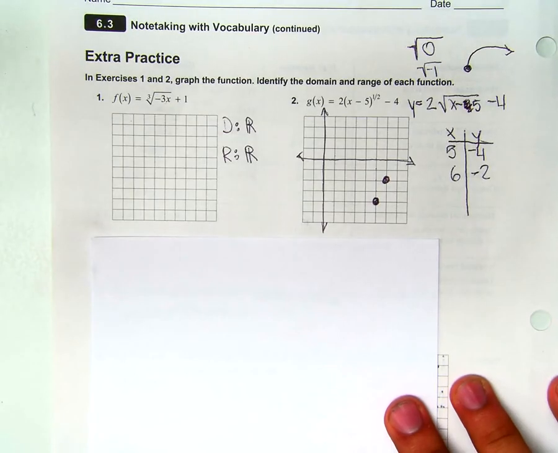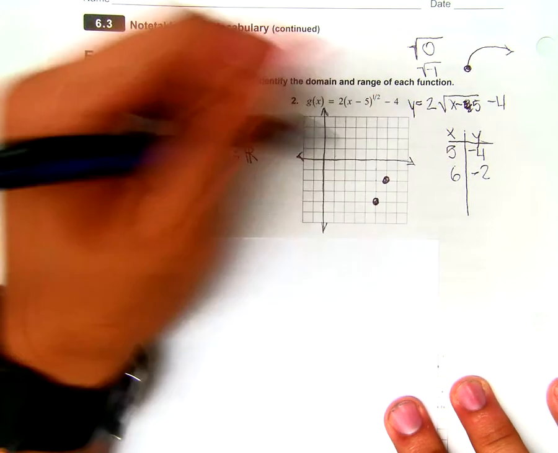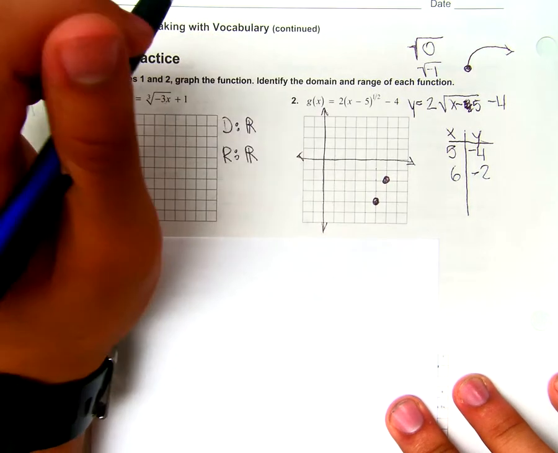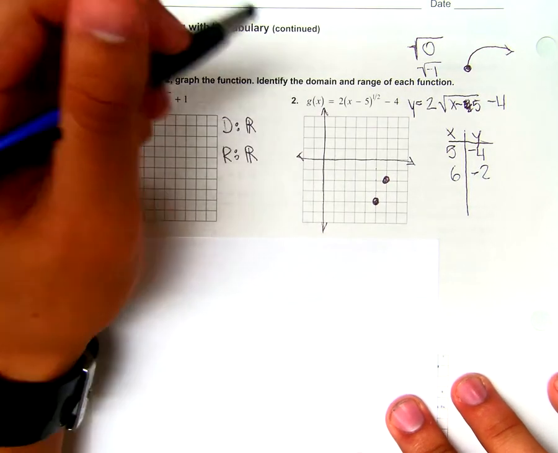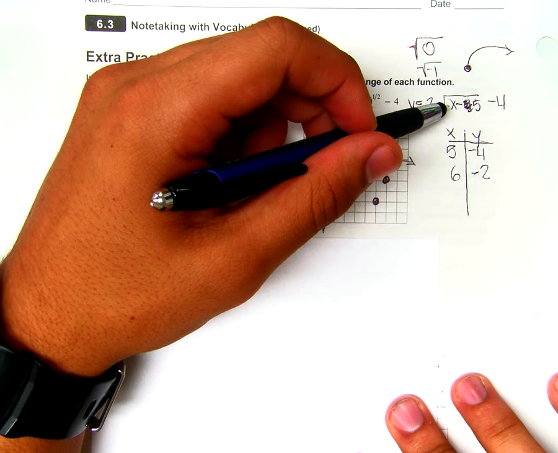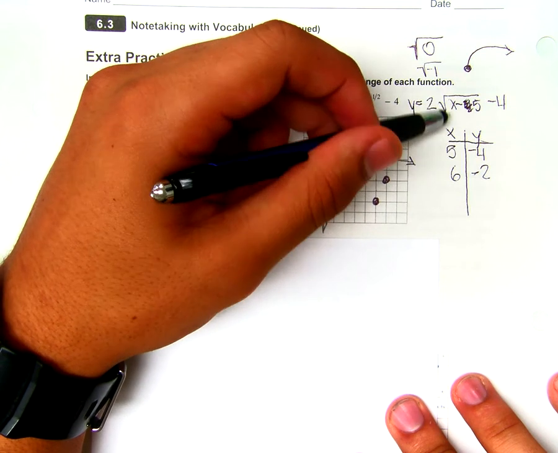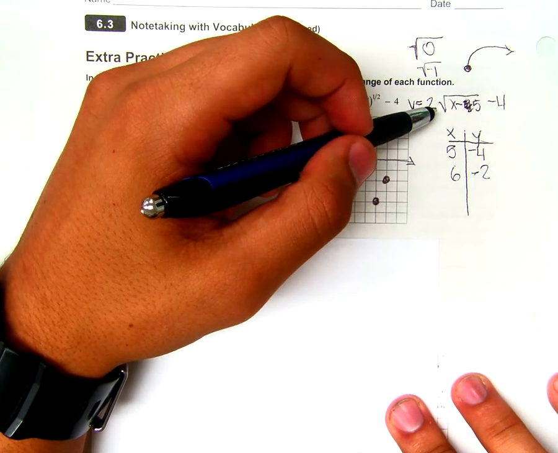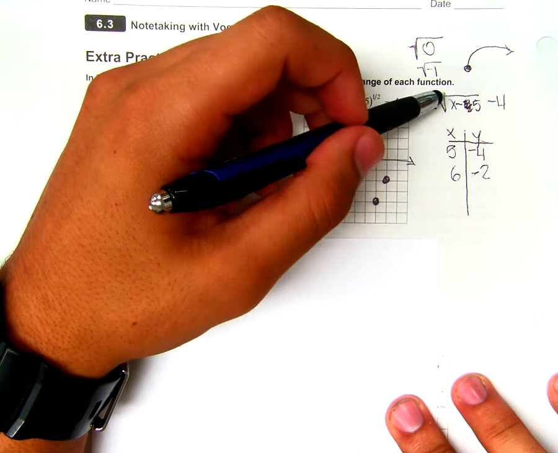Next point. So we have 2 points, but even if this is our starting point, we want to be sure of the direction it's going. So let's find one more. We plug in 7. 7 minus 5 is 2. Well, we don't want to take the square root of 2. That's not a perfect square. It's not going to be a nice number.